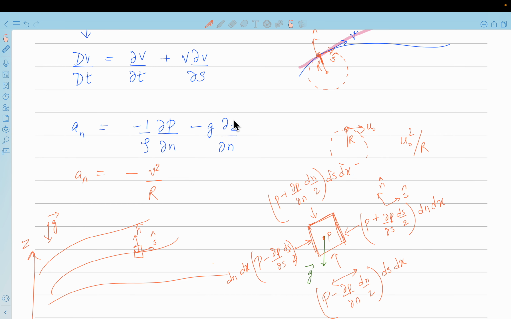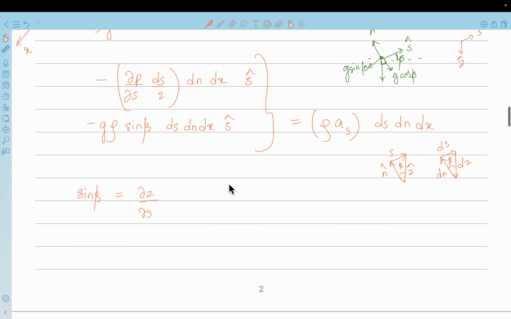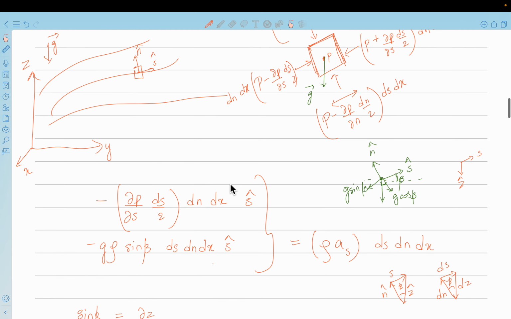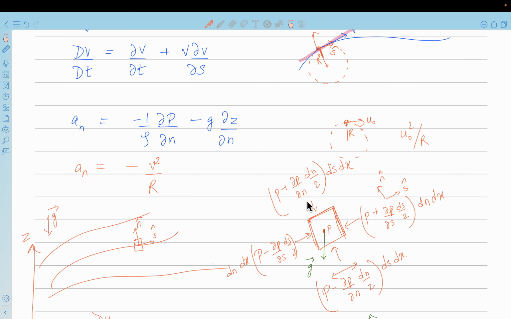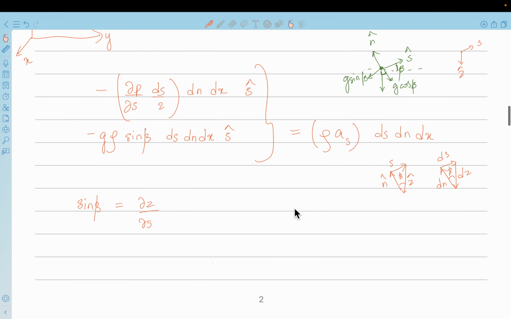So that is the term we have, dou z by dou n. I hope that clears how we got this equation. I am not writing the entire derivation, but these are the main steps. Any other questions?